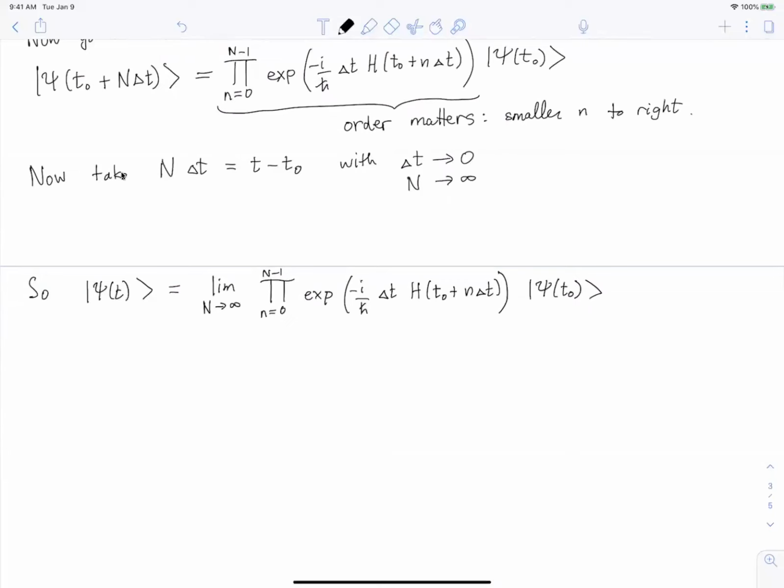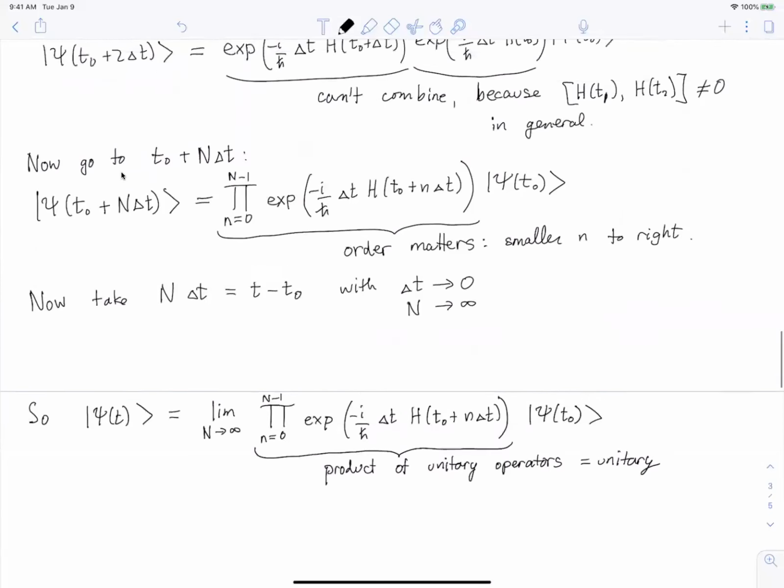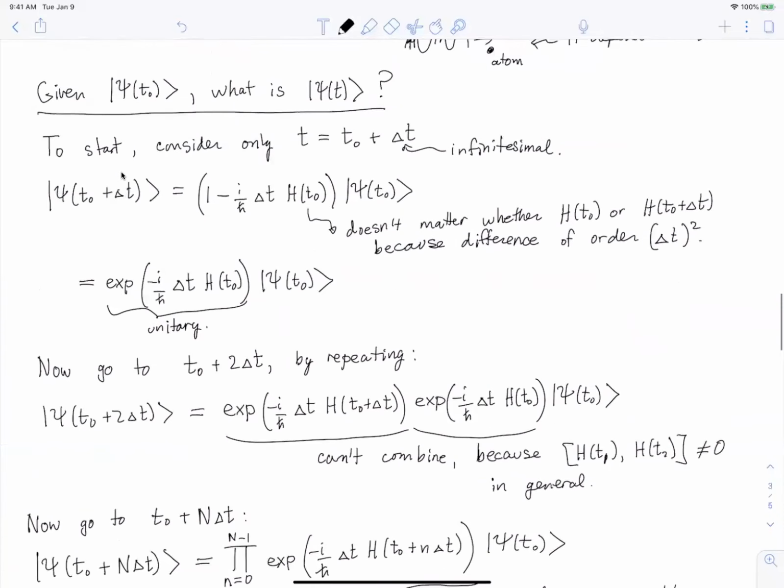Okay, so this part right here is a product of unitary operators, and so it's unitary. So by the way, that was why, if we go back a few steps, that was why here I bothered to change this into an exponential, even though in the delta t infinitesimal case, they're the same thing.